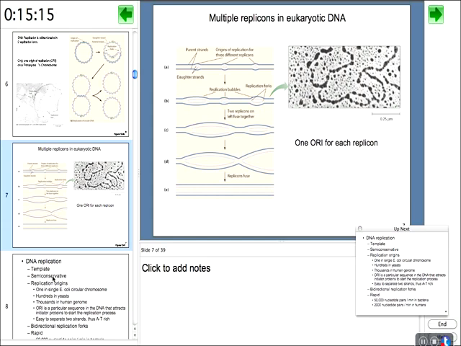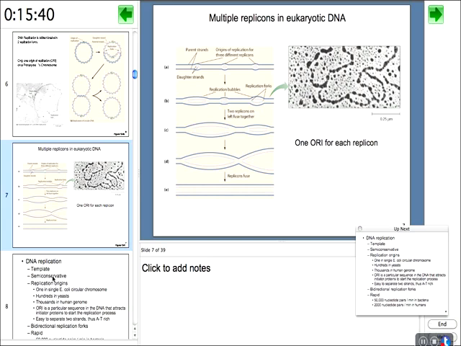But in fact, on most eukaryotic chromosomes, you have multiple ORIs. Again, the reason for this is speed. Because eukaryotes have introns and exons, their genome size is larger. You have to get through a lot of replication for each round of cell division, so multiple ORIs allow that process to happen faster.